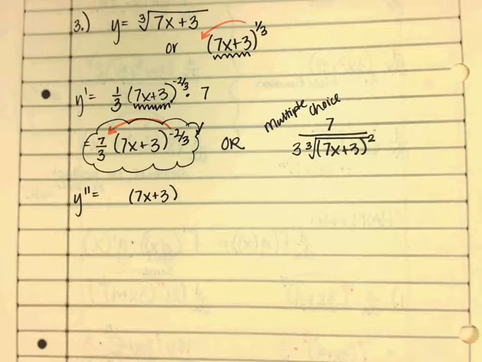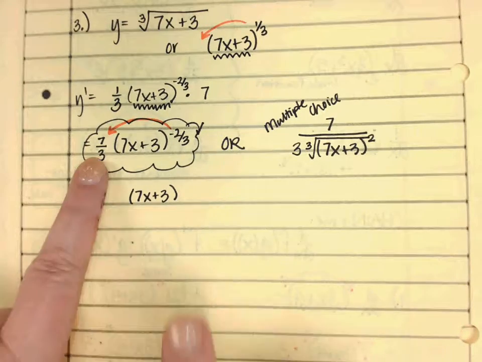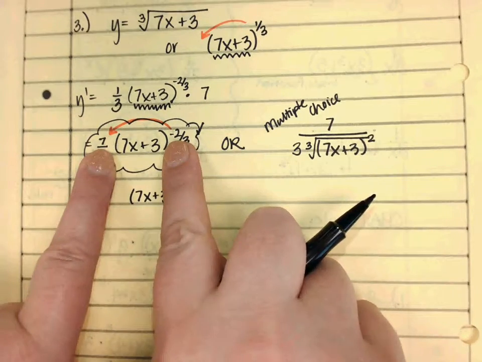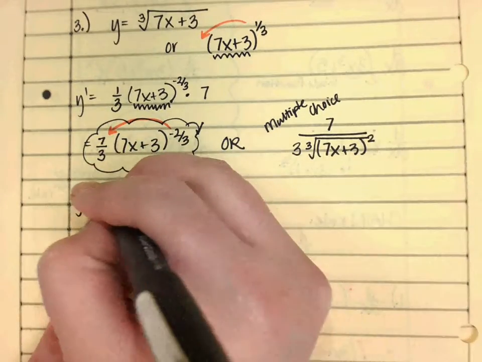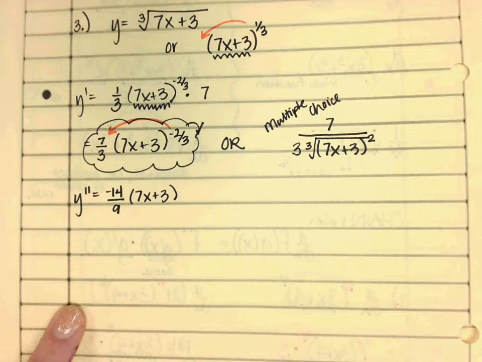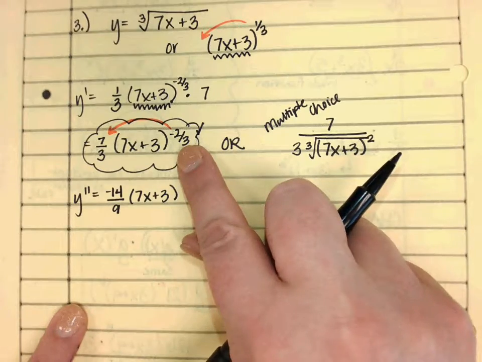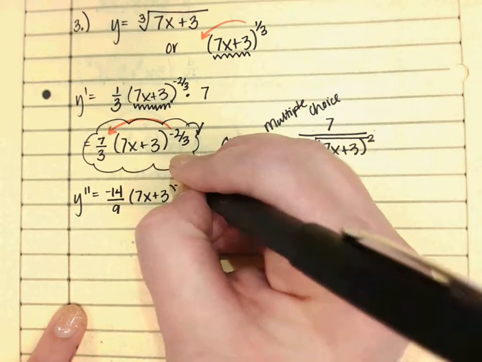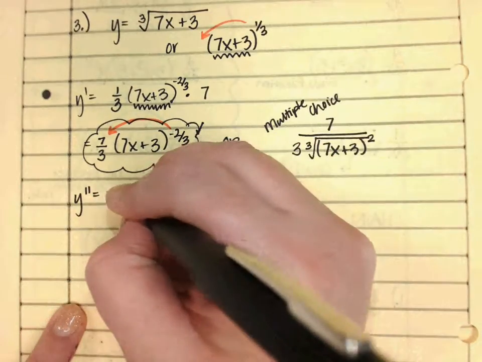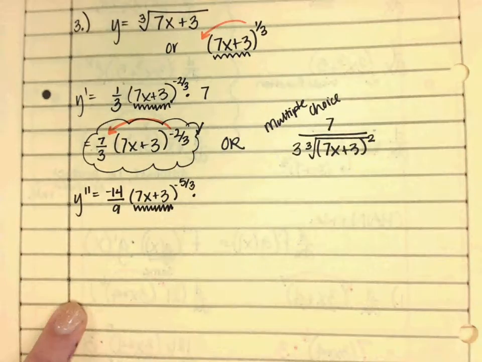Now remember, fractions, you just times the tops times the bottoms. So if it's a 7 times a negative 2, what's the top now? Negative 14. Negative 14, and then 3 times 3 is a 9. Then I need to minus another 3/3. It was already a minus 2/3. Minus 3 more thirds would be negative 5/3 times the derivative of the middle. What's the derivative of the middle there? 7.